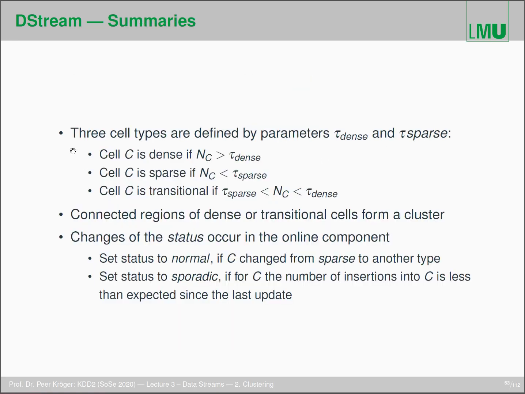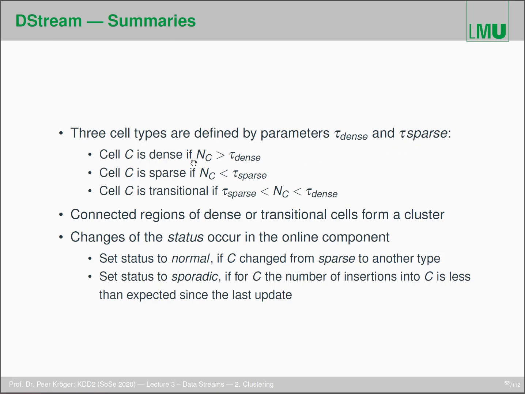Similar to the DBSCAN variant here, in DenseStream we have 3 cell types which are defined by 2 thresholds, a threshold for dense cells and a threshold for sparse cells. Sorry, there is an underscore missing in the LaTeX, but anyway.